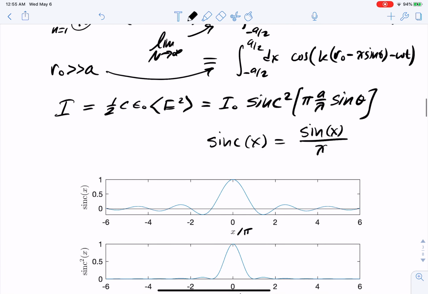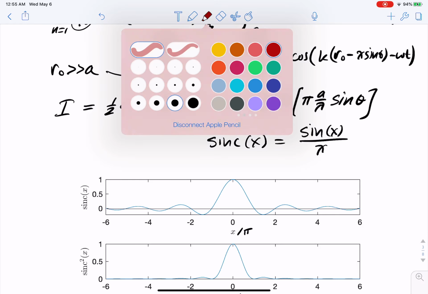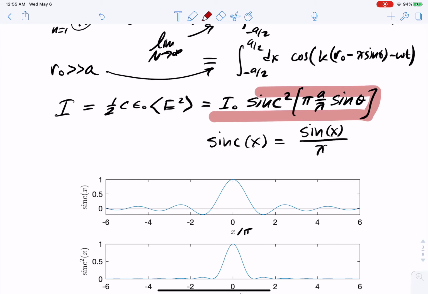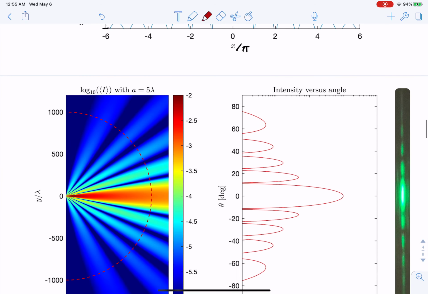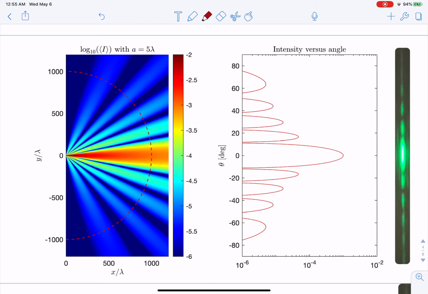In order for this nice thing to work, we need to be far away. Say 100 times farther away. So this graph is in that limit, or up to something like 1,000.